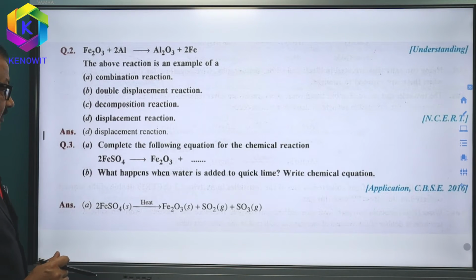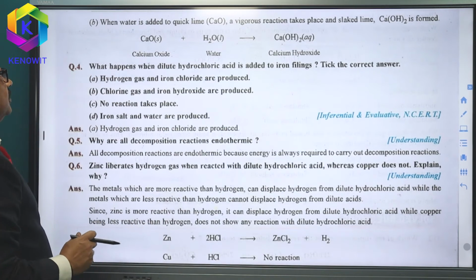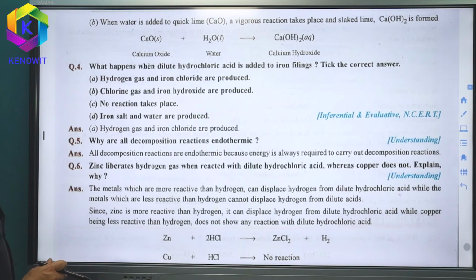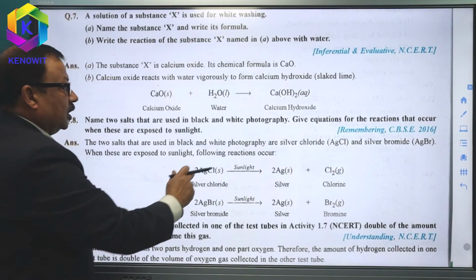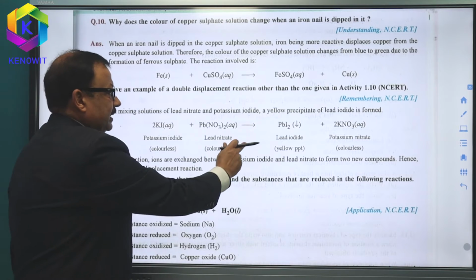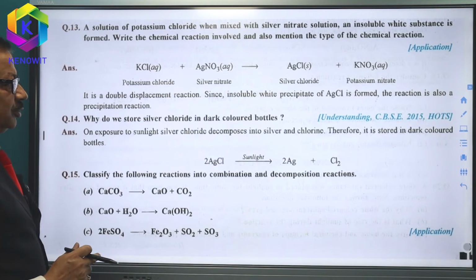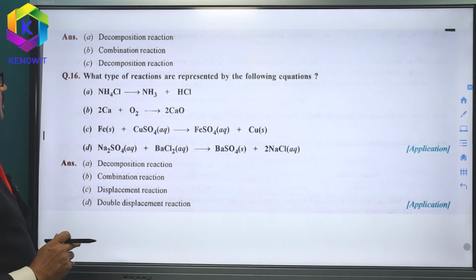Then complete the reaction. They all are based on the NCERT syllabus. Then what happens when dilute hydrochloric acid is added to iron filings? Tick the correct answers. So please solve all types of these questions. These are the solved examples. Remembering based, understanding based, and previous year CBSE questions, only this type of questions come in the examination.